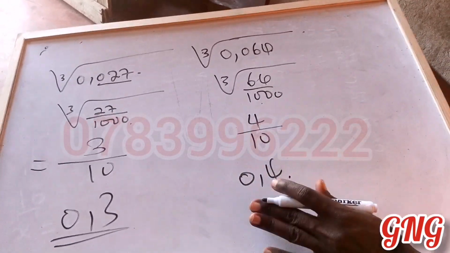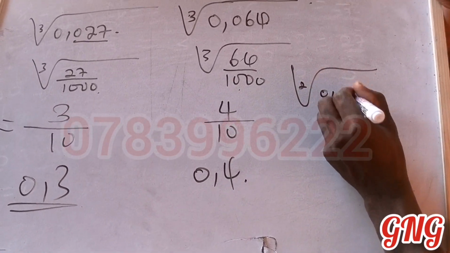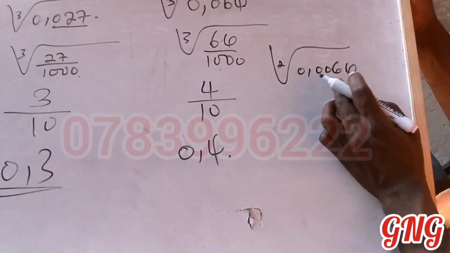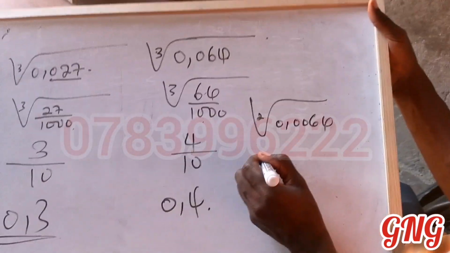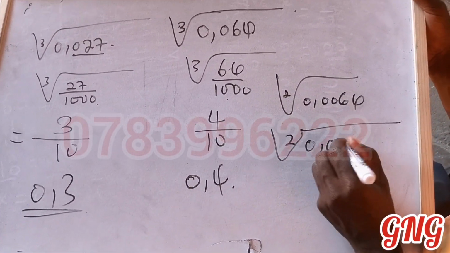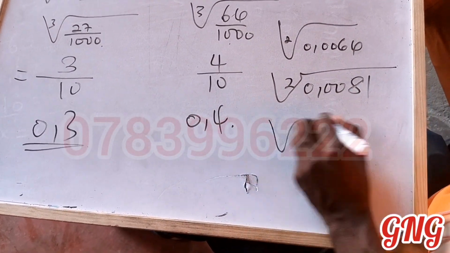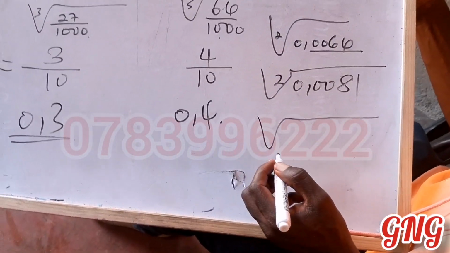So they may also ask you something like this: the square root of 0.0064, the square root of 0.0081. We can just use the same approach. We're going to say, which number has 4 zeros?